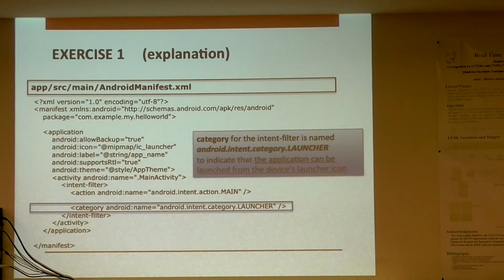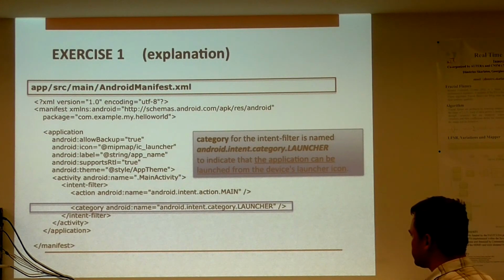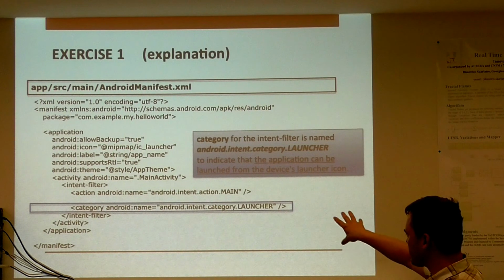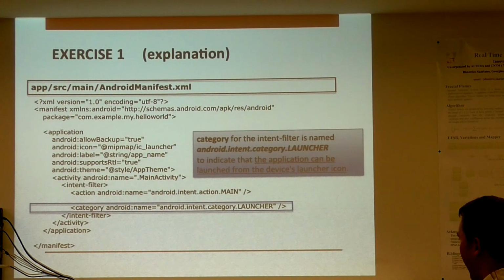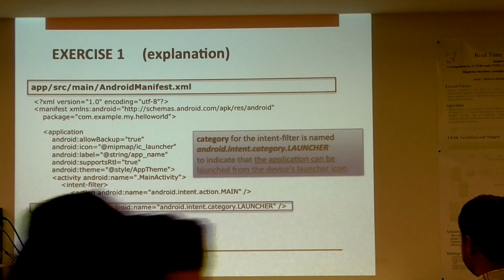So we can modify the behavior, but this part here describes how our application works. I think that is enough. I don't want to go deeply into that because maybe it's too complicated for the first time, but you can imagine that there are two elements that describe action for the Android application.